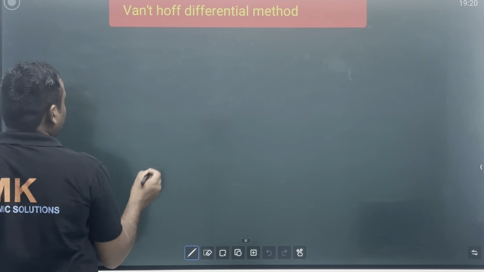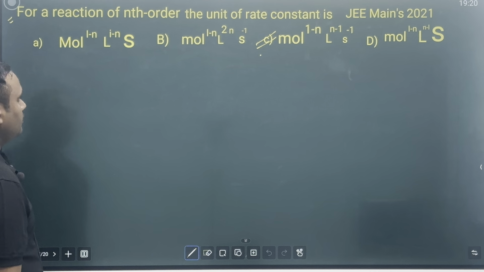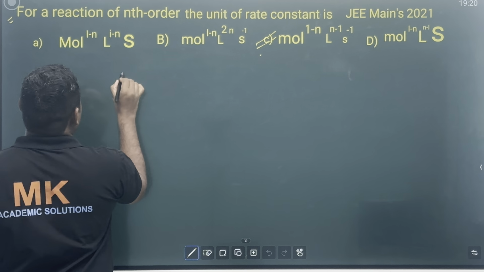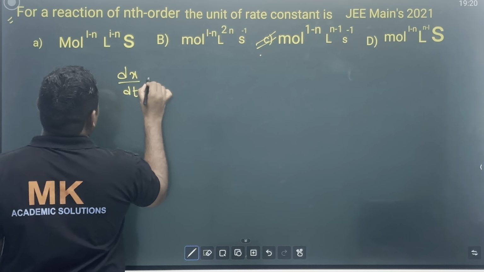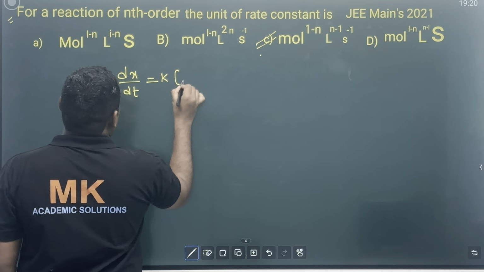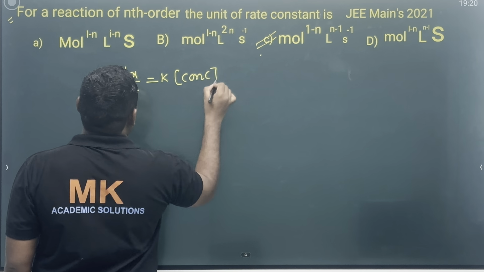Or else you can simply derive this also. The rate dx by dt is equal to k into concentration to the power n.